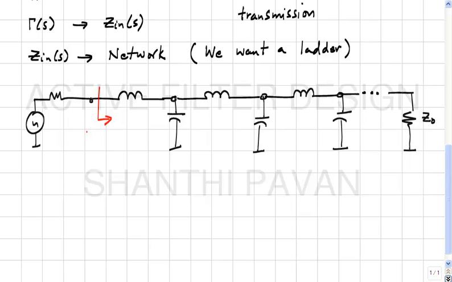Okay. Now, so Zn of s, therefore, will be SL1 plus Zn, then I will call this Zn1, right, plus, so Zn of s must be SL1 plus Zn1 of s, okay.